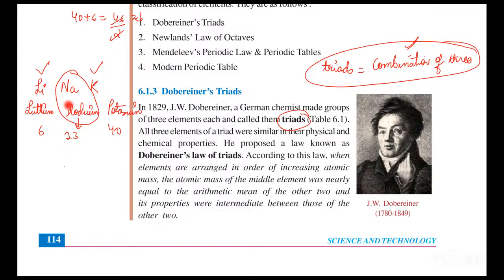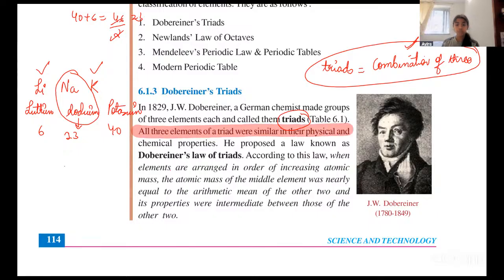He made some triads. So we will read this. Ira, can you read this? In 1829, J.W. Döbereiner, a German chemist, made groups of 3 elements each and called them triads. All 3 elements of a triad were similar in their physical and chemical properties. He proposed a law known as Döbereiner's law of triads.